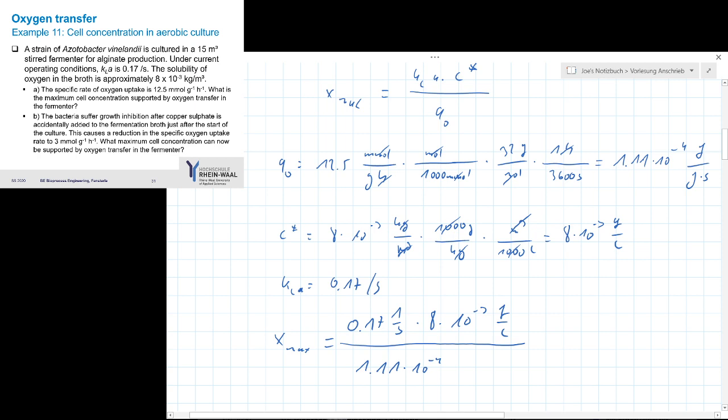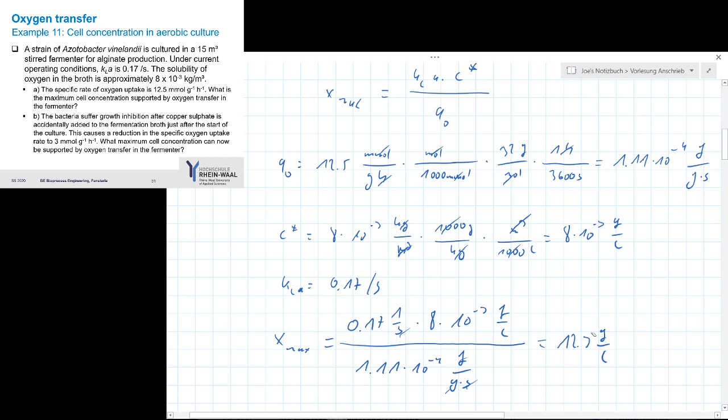And now, of course, everything hopefully should shorten out. So now we shorten out these grams, the seconds, and we put that in our pocket calculator, and end up with 12.3 grams per liter. So this is a biomass concentration which looks reasonable.